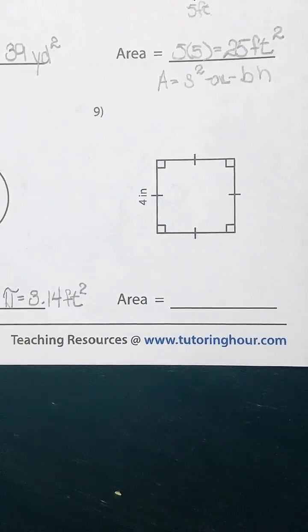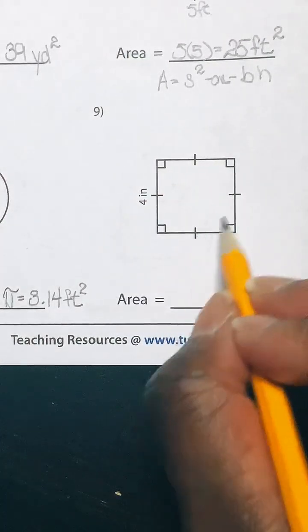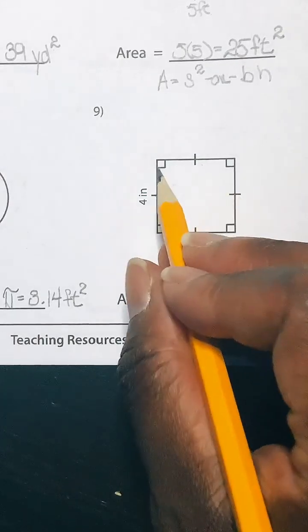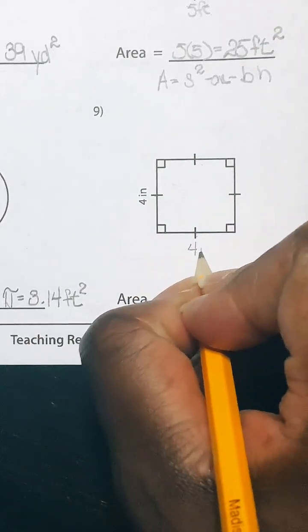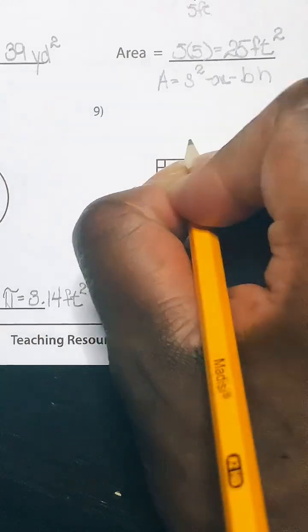All right, nicely done, guys. So we have a square. All four sides are congruent. My angle's 90 degrees, so that means this is 4 inches, this is 4 inches, this is 4 inches.